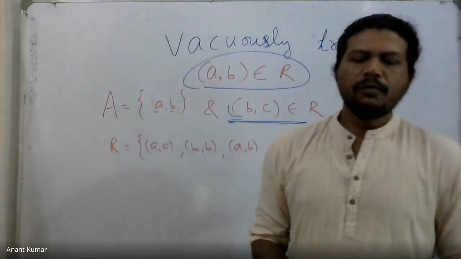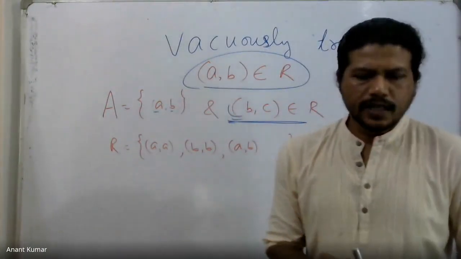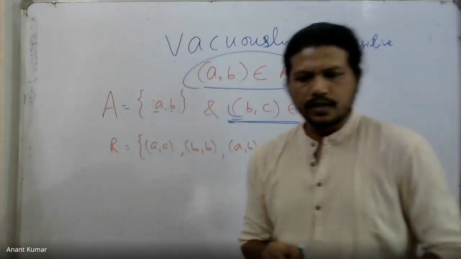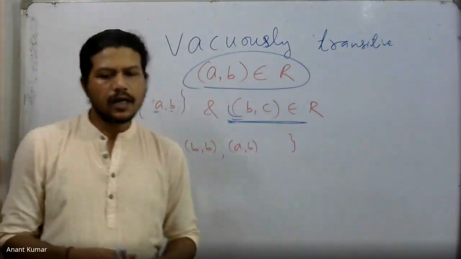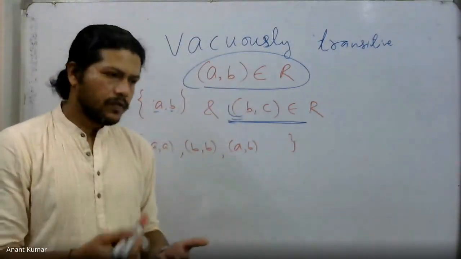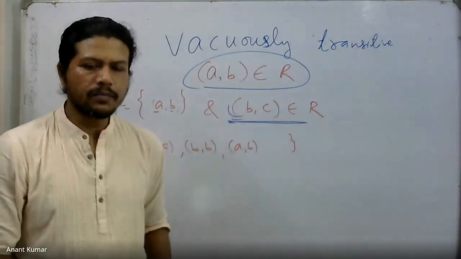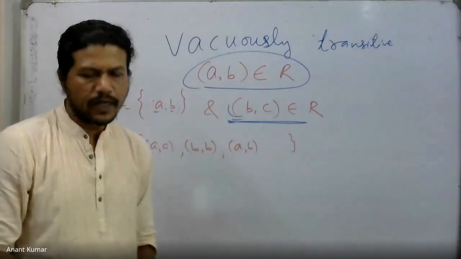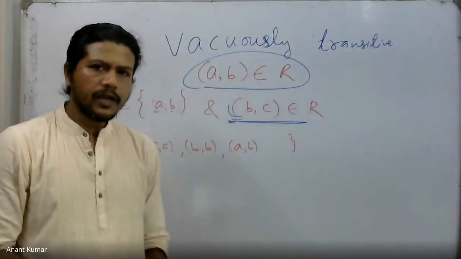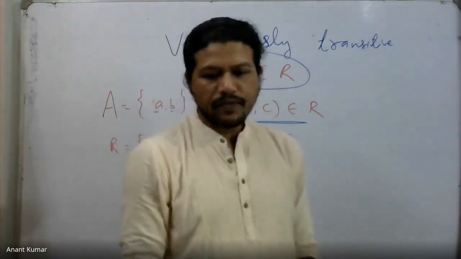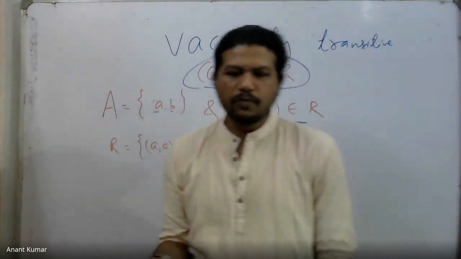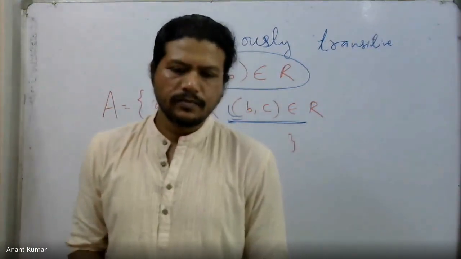If every element is related to itself, it becomes a reflexive relation. For example, the relation "A is a friend of B" is going to be reflexive, at least that is what I believe. If A and B are friends, obviously A is a friend of B and B is also a friend of A.